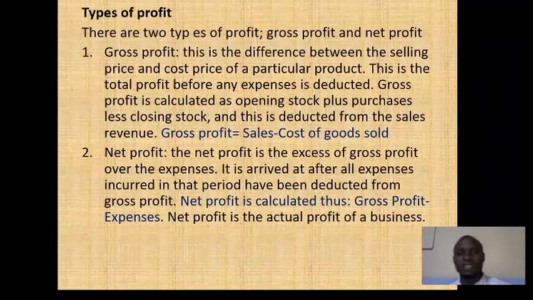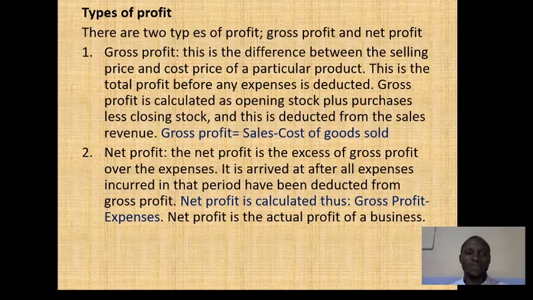Now let's look at types of profits. We have two types of profits: gross profit and net profit. Gross profit implies the total profit, the aggregate profit, or the overall profit that a business makes at the end of a transaction.